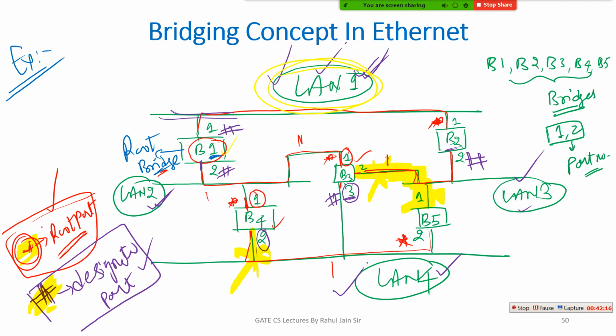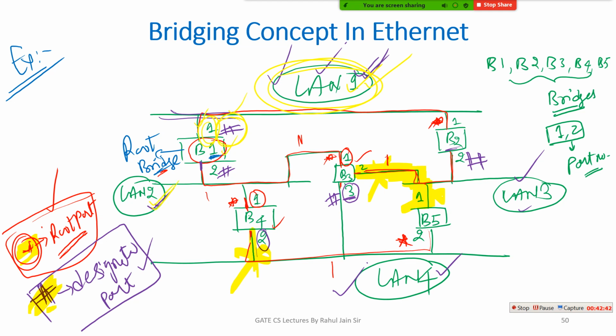According to the root bridge, B1 is closest. So the first port of the root bridge, that is the first port of B1, will be marked as a designated port. Why? Because it is closest to lane 1 and B1 is the root bridge, so we have to give priority to it. That is why I have marked port 1 of B1 as a designated port. So I have done the entry of lane 1. For lane 1, the designated port is B1's port 1.